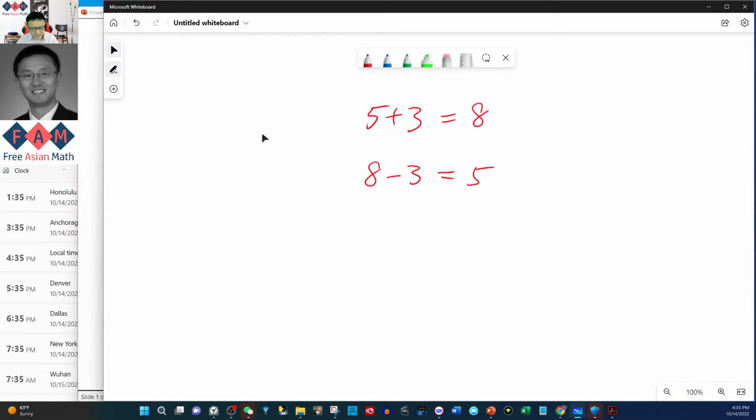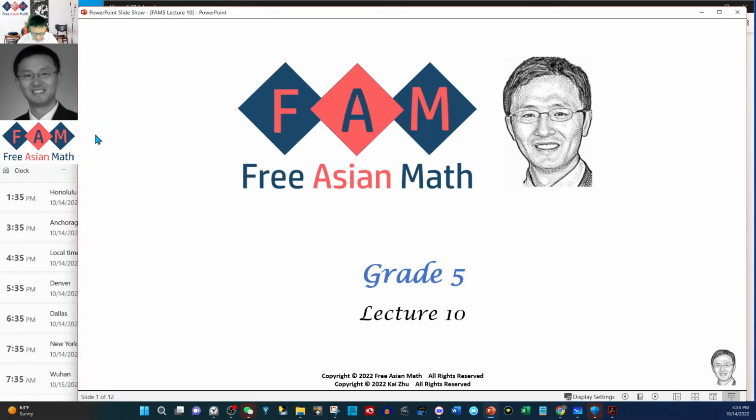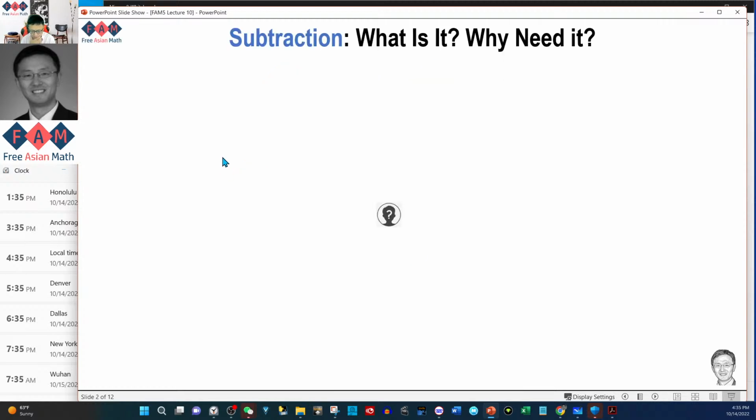Subtraction is just one step further, but we had better start by reviewing what we have already learned with addition and natural numbers. Okay, so subtraction, what is it? Why do we need it? Well, you see a tiny mystery symbol right here. We will reveal what it is.